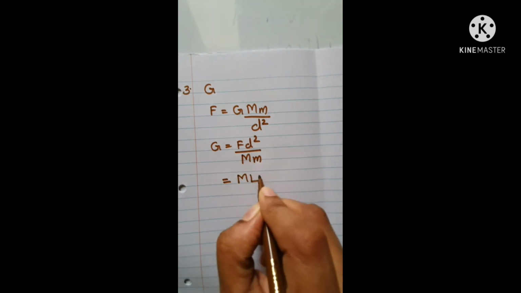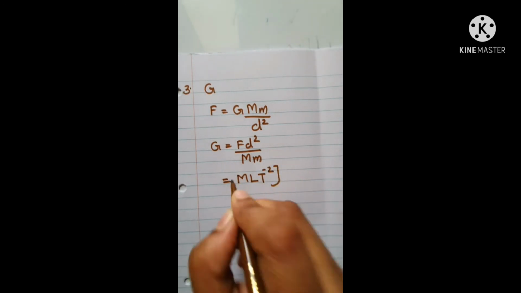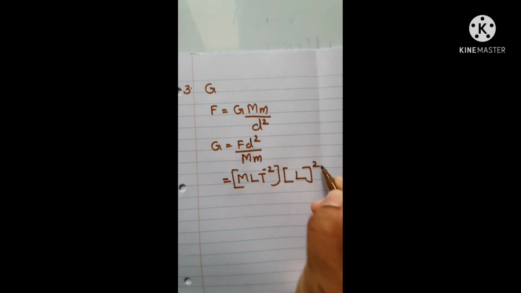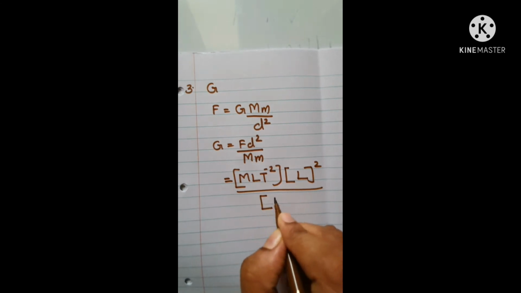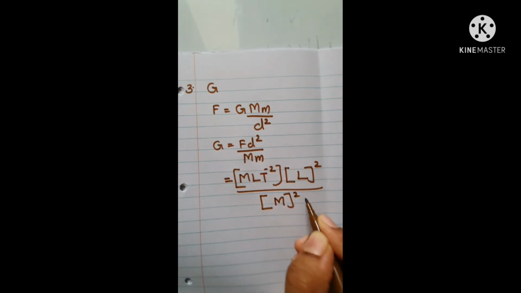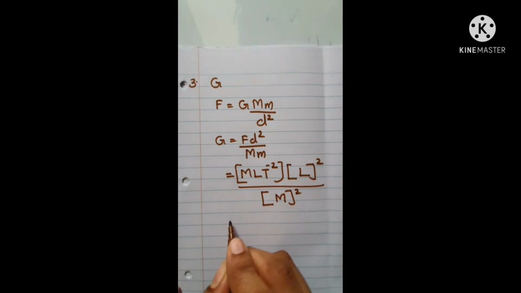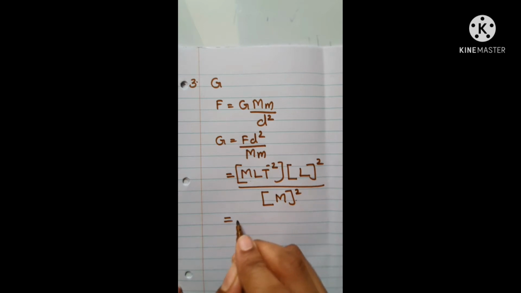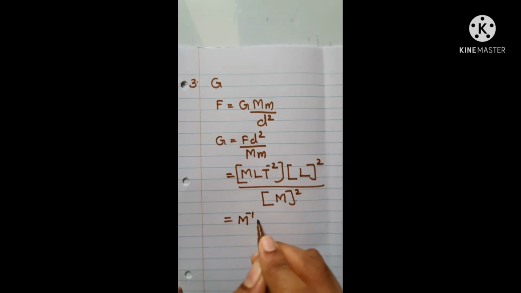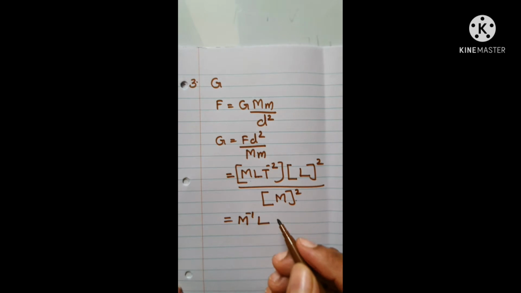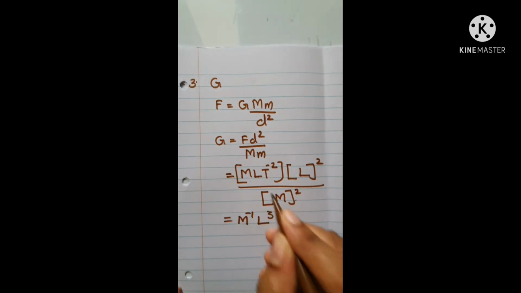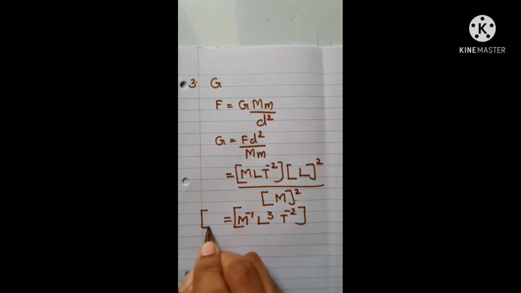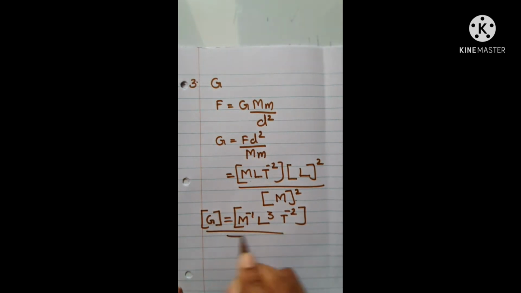We remember [MLT^-2] is for force, and for square of the distance L square, divided by two m's, so M raised to 2. Altogether, M and M raised to minus 2 will be M raised to minus 1. L into L square means it is L cube. Then T remains at T raised to minus 2. This is the dimensional equation for G: [M^-1L^3T^-2].